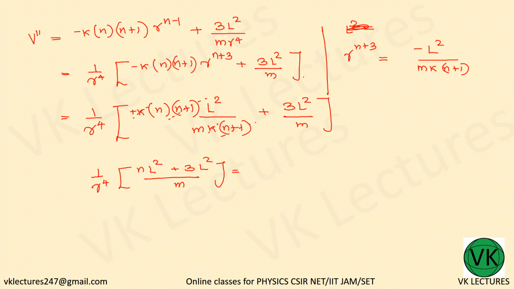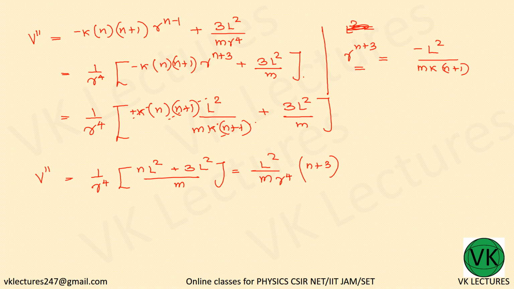That gives us L square divided by m r to the power 4 into n plus 3. So this is the second derivative at the given radius r.